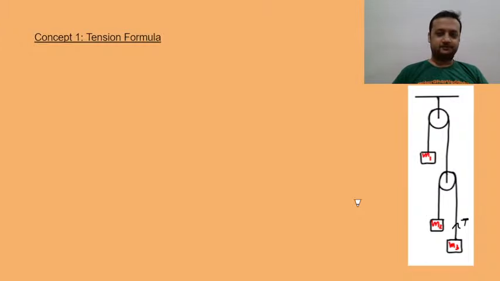I have taken 5 to 6 similar questions. Please listen to me very carefully, because the first time a student hears this kind of formula, he is disturbed for some time, wondering how this is possible. But this is very much possible.